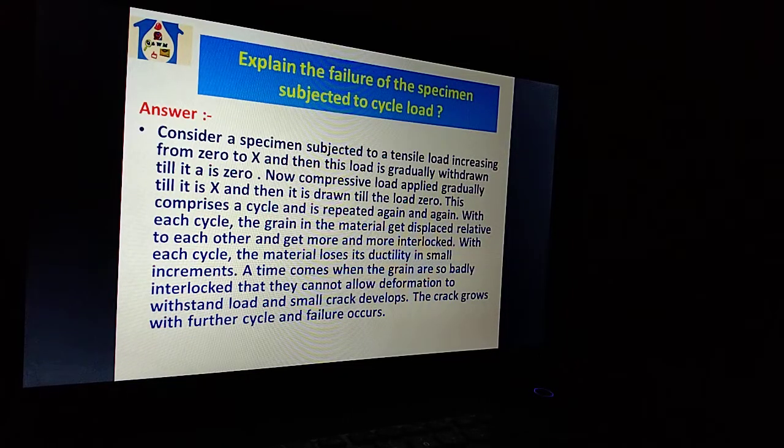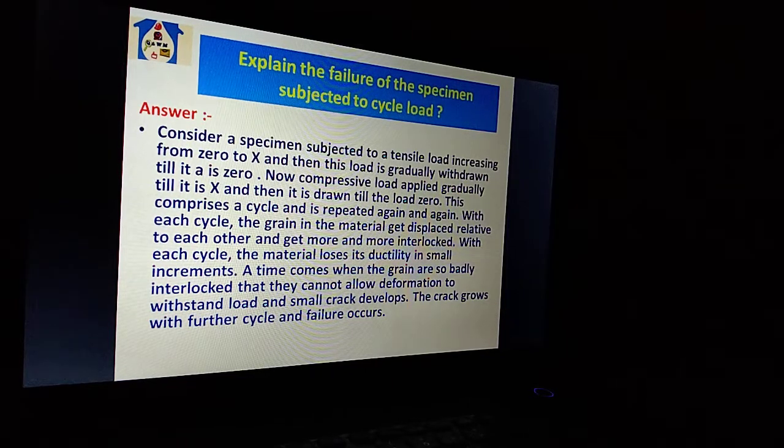With each cycle, the grains in the material get displaced relative to each other and get more and more interlocked. With each cycle, the material loses its ductility in small increments.